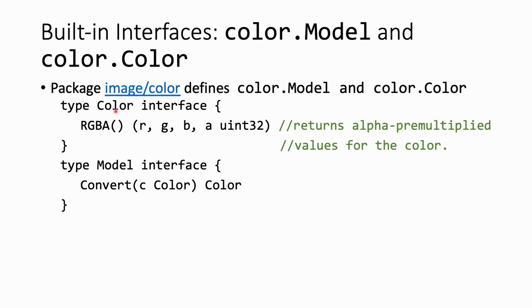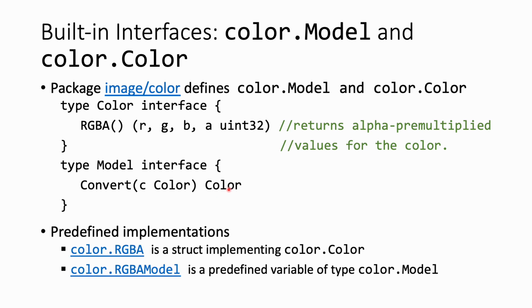Interface Color has one method RGBA that takes no argument and returns 4 uint32 values, which represent alpha pre-multiplied values for the color. Interface Model has one method Convert, which takes a color value as argument and returns another color.